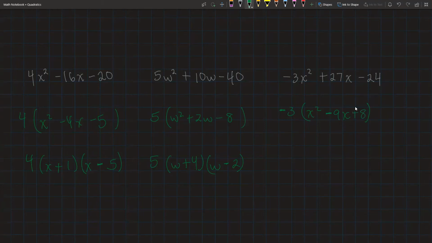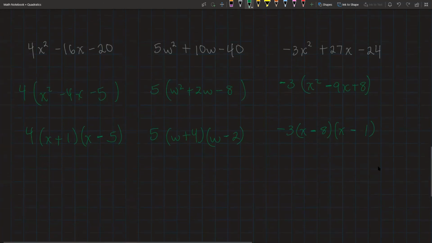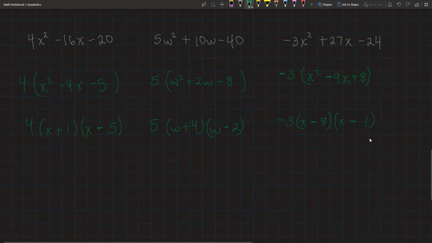And let's check to see if what's inside can be factored. I think that it can. So x times x for x squared, and the product is 8. The sum is -9. 8 and 1 should satisfy that product and sum if they're both negative. And there it is. I think this is correct. Yeah, double check for yourself.